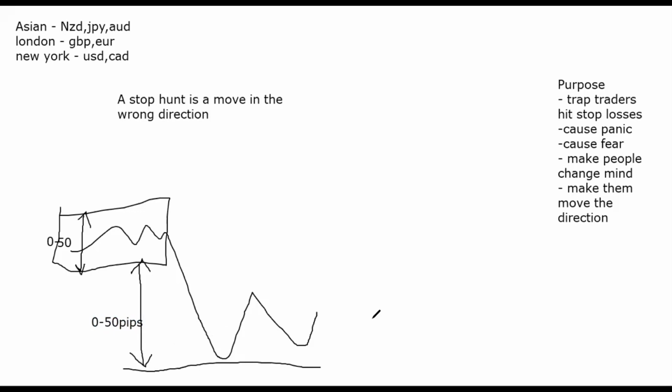Then after we are done with that, we then look for confirmation candles and other indicators that I'm going to teach you about in the coming videos. So we then look for confirmation candles and we trend with the market. You get the point now.